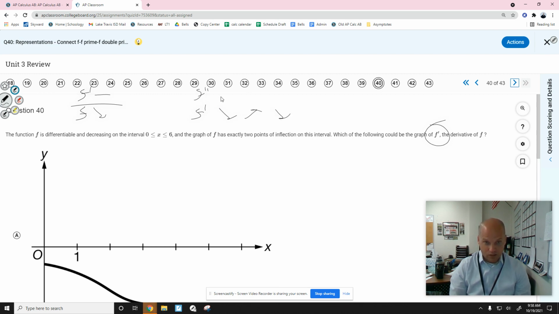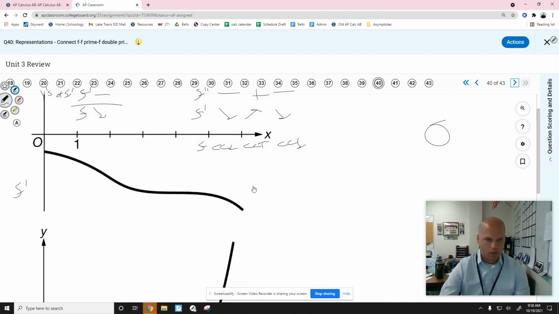That means the slopes need to change sign twice, and that will be our concavity changing twice. So I need f prime values to be negative. If this is the graph of f prime, it needs to be below the x-axis the entire time. But I need it to change direction twice. That's what we're looking for.